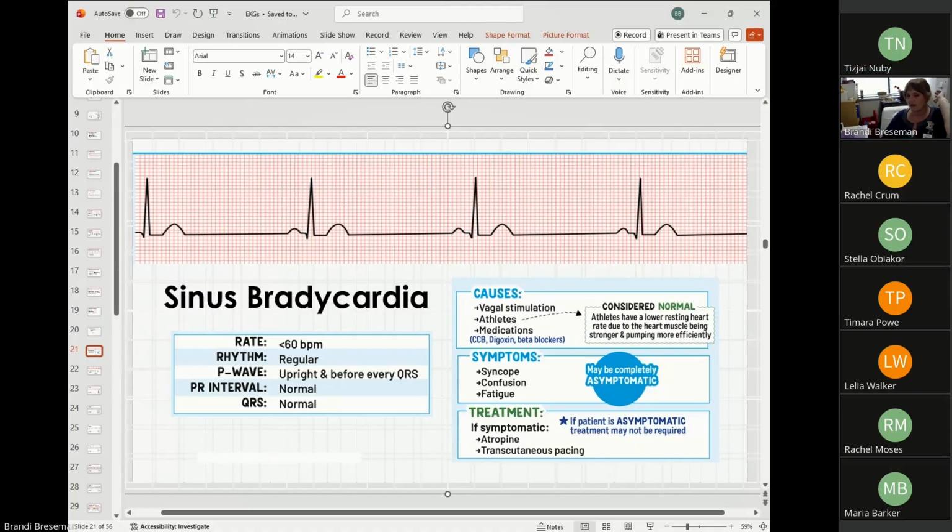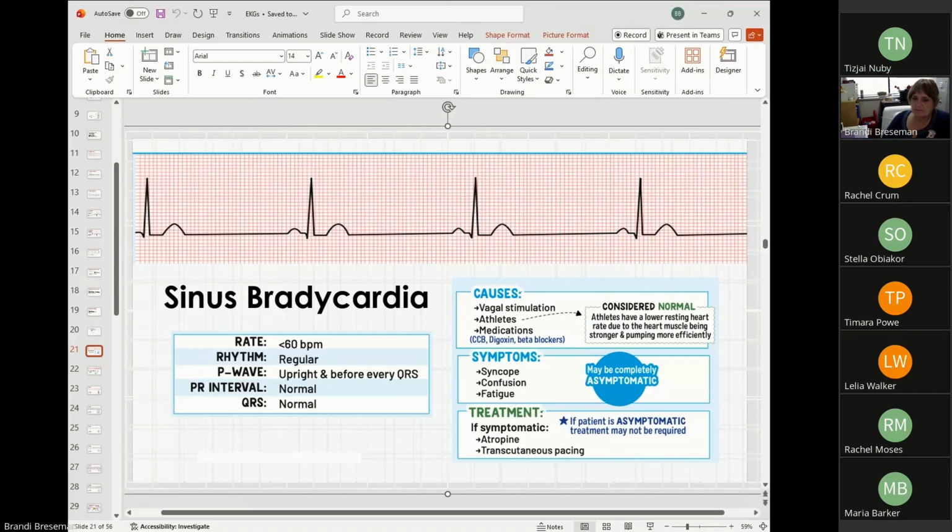Okay. So treatment. If your patient is asymptomatic, we don't treat them. If it's not broke, don't fix it. Okay. If they are asymptomatic, we aren't going to do anything but monitor them.